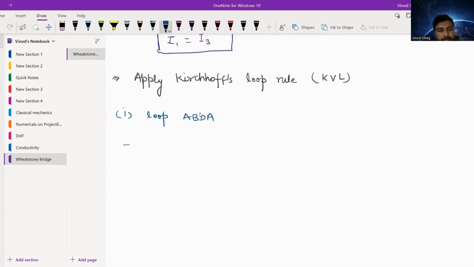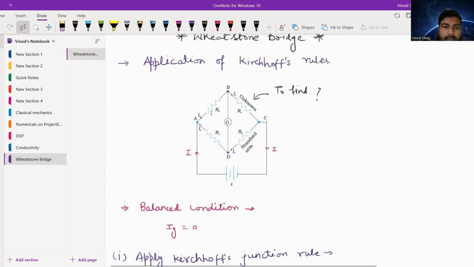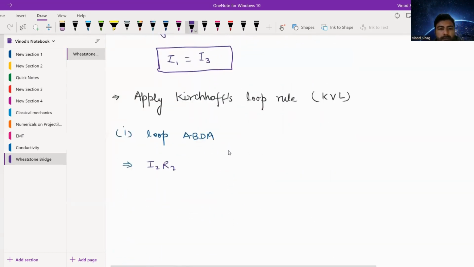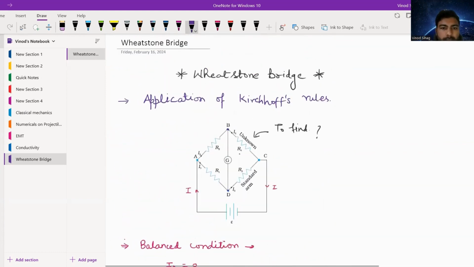So the equation will become I2R2. Then the first arm AB is completed. Now we are going in BD. As we know that there is no current in this arm, so we have to write plus 0.